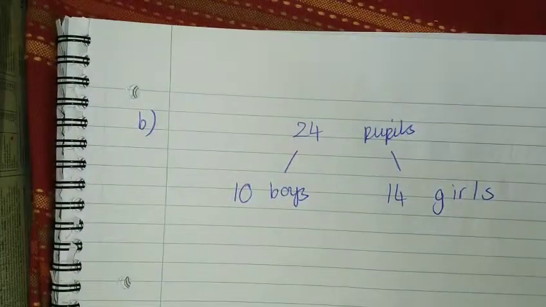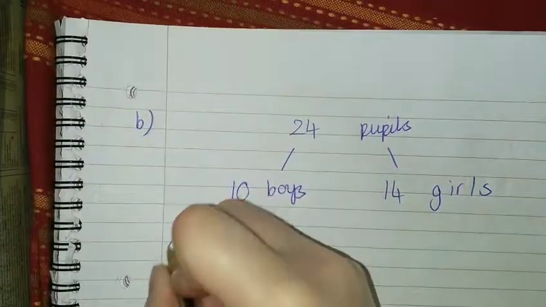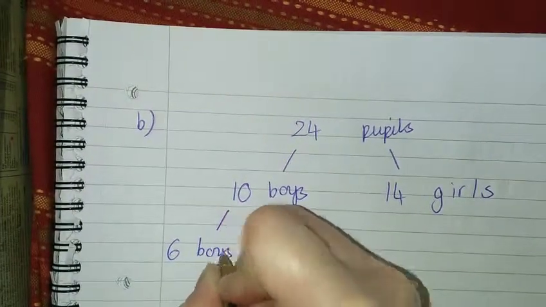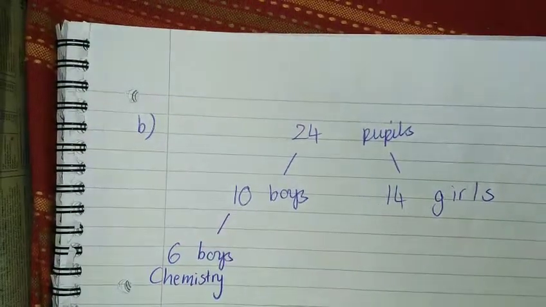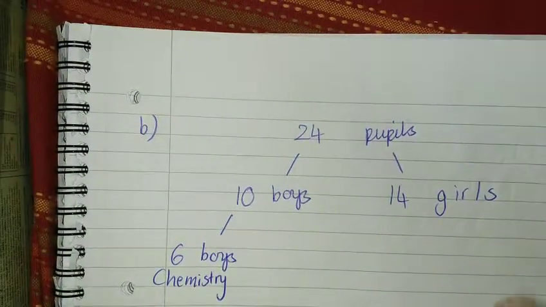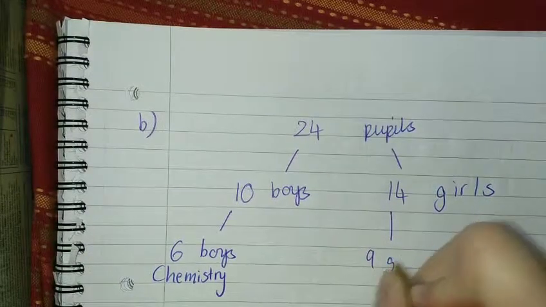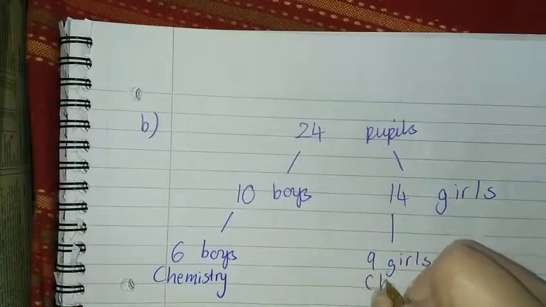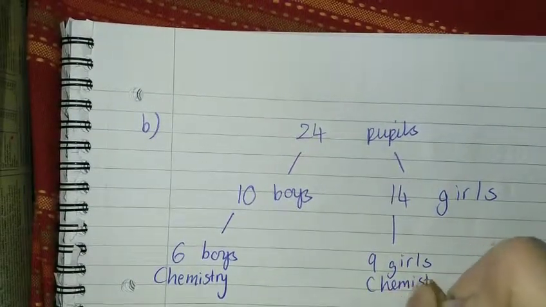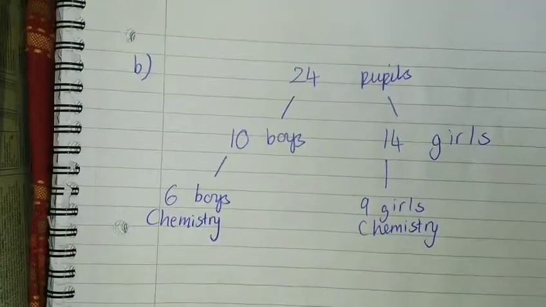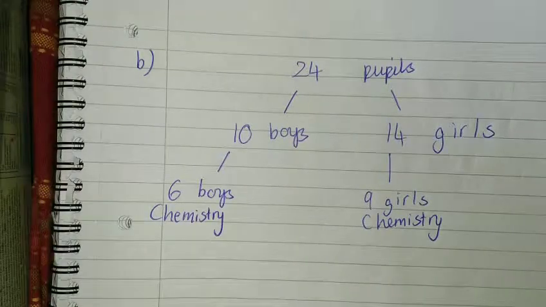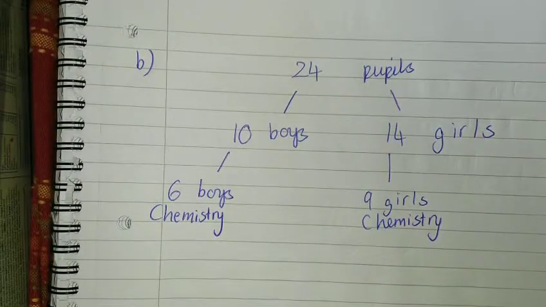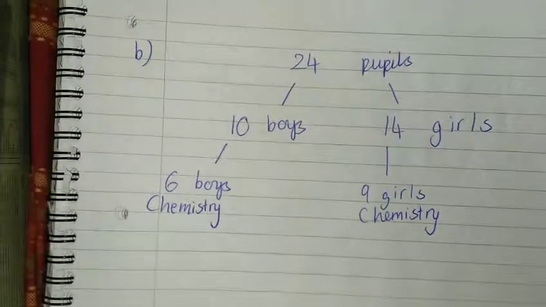Chemistry is studied by 6 of the boys and 9 of the girls. A pupil is chosen at random from the class. Find the probability that the pupil chosen is a boy or a pupil who does not study chemistry.